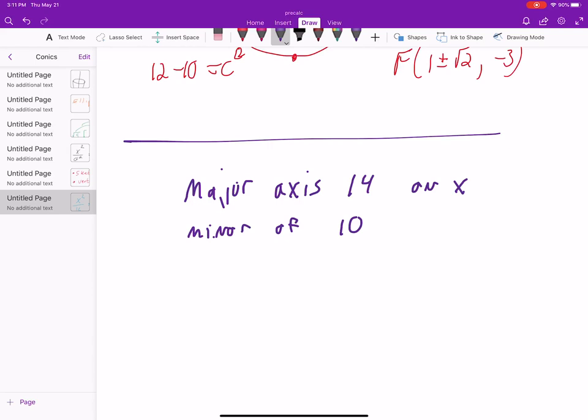So when we set this up, 0, 0 is our center point. The major axis is on the x, and it has a length of 14.